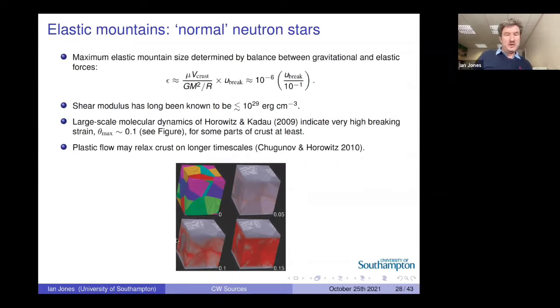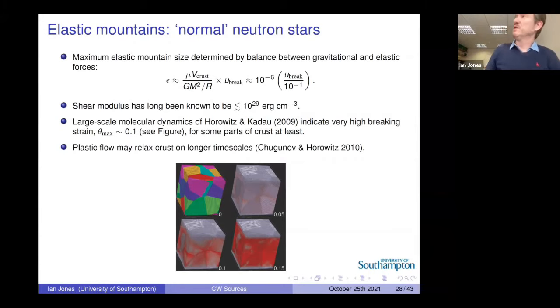This picture that you can see here at the bottom is from some molecular dynamics simulations by Horowitz and Kadau. What they found was that the breaking strains, from building a piece of crust and artificially shearing it, were rather large. They were about 0.1, which is bigger than people had thought.